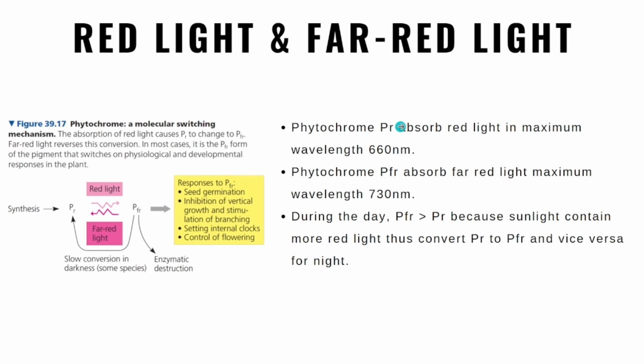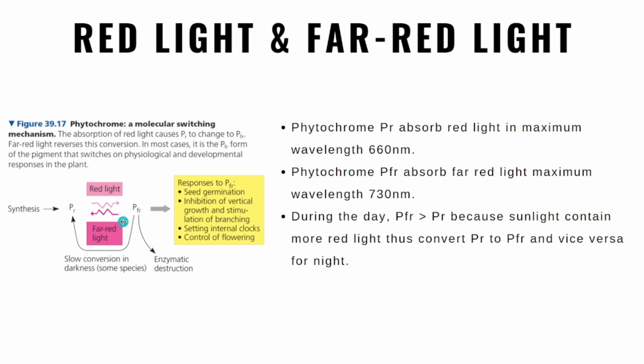So Pr absorbs red light, but only during the day, when you have sunlight. So Pr absorbs red light at a wavelength of 660 nanometers, and converts the phytochrome Pr into Pfr.